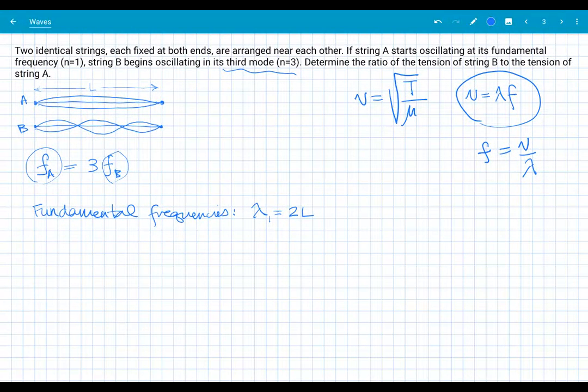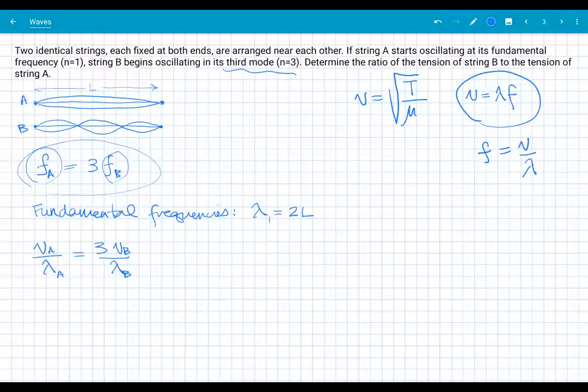With this relationship between the fundamental frequencies, the wave speed of A divided by the wavelength of A is equal to 3 times the wave speed of B divided by the fundamental wavelength for B.